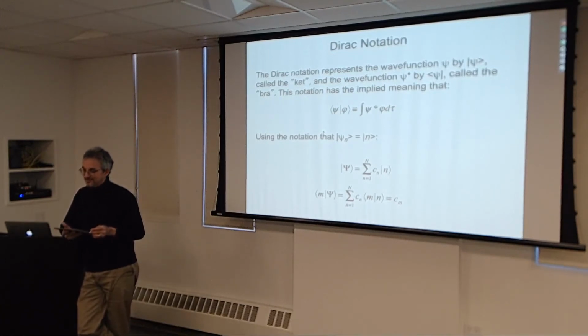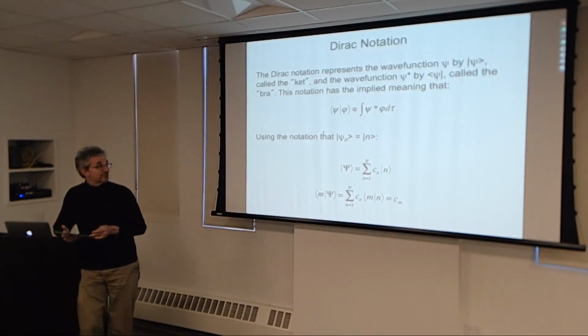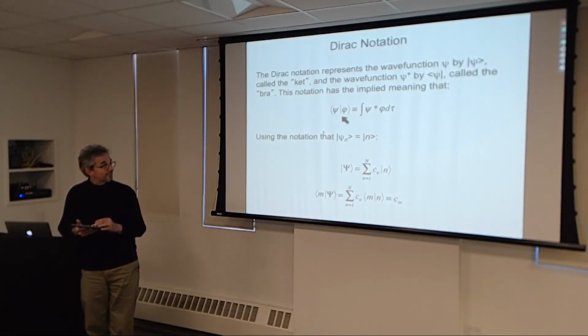So we'll adopt the notation due to Dirac, which is called Dirac notation, in which we'll introduce this symbol of a bracket, some function, a vertical bar, another function, another bracket. And this means integrate the complex conjugate of the first function multiplied by the second function.